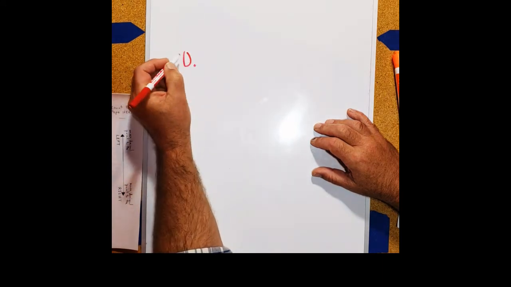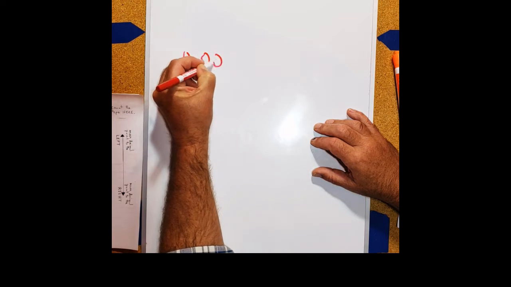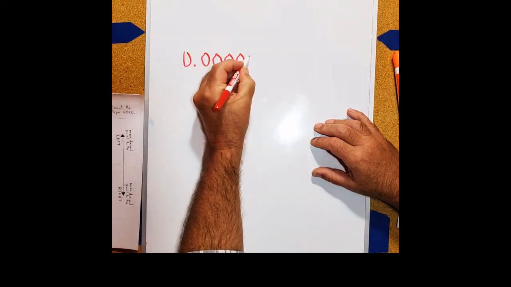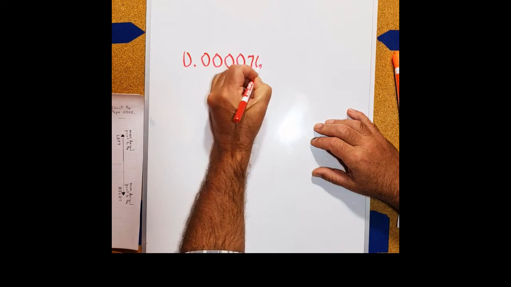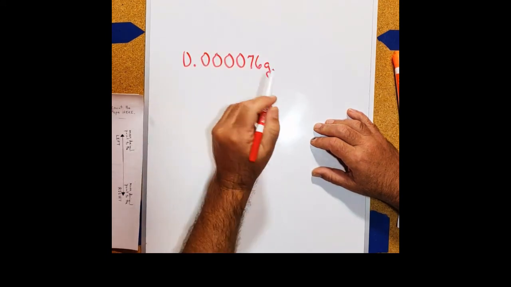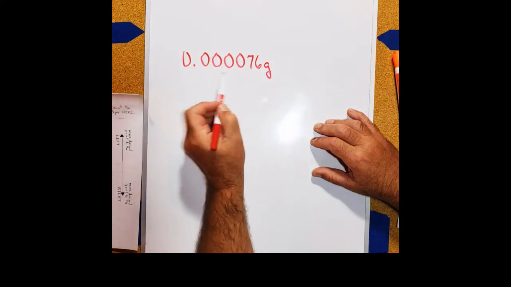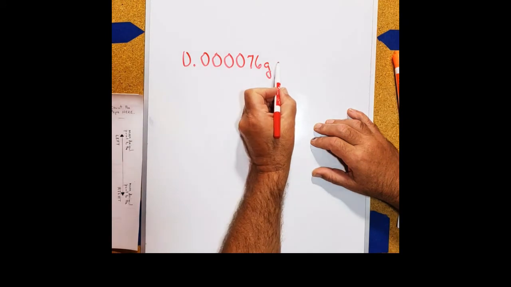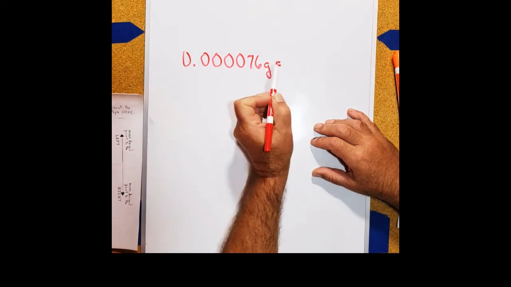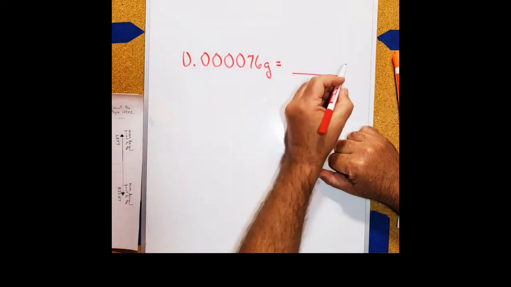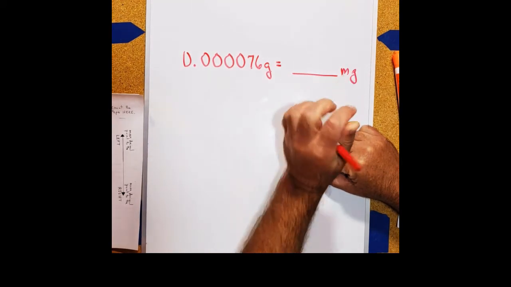It's going to be small, 0.00076 grams. Now, numbers that are really this small, we really ought to use a more convenient unit of measure, something like a milligram. How many milligrams is that?